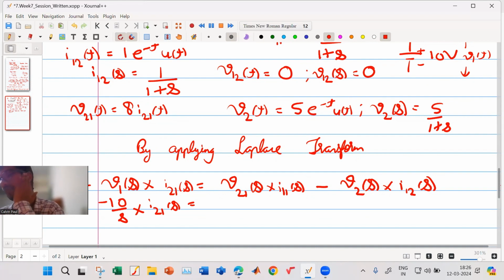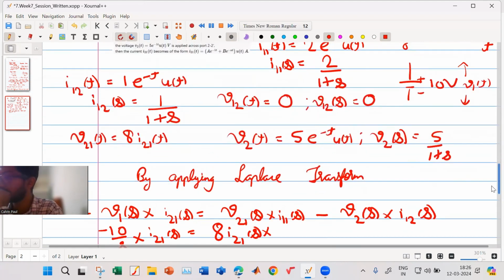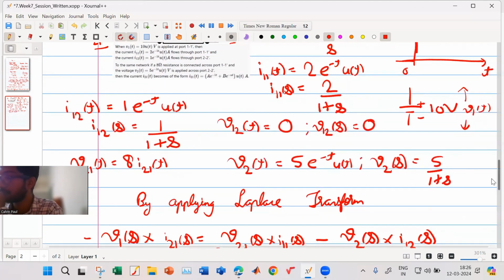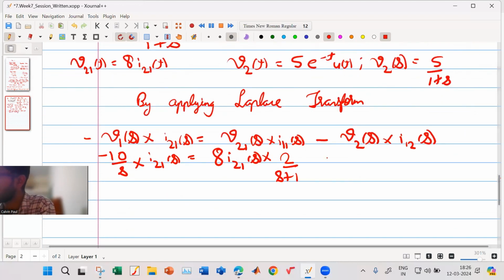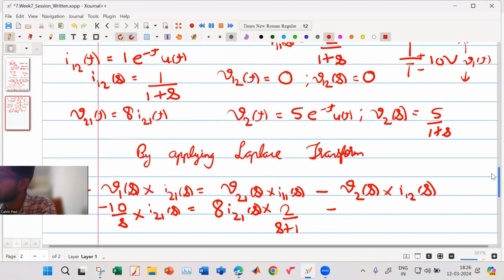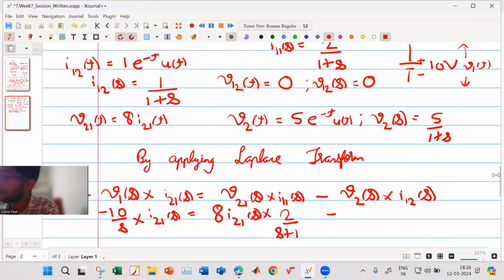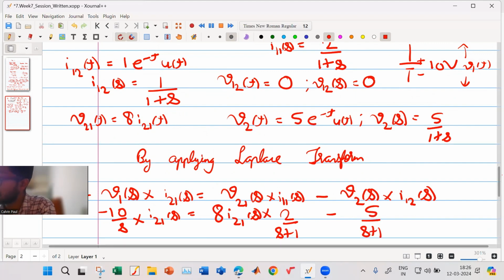V21 of S is 8 into I21 of S. What is I11 of S? 2 by S plus 1. What is V2 of S? 5 by S plus 1. What is I12 of S? 1 by S plus 1. Okay.